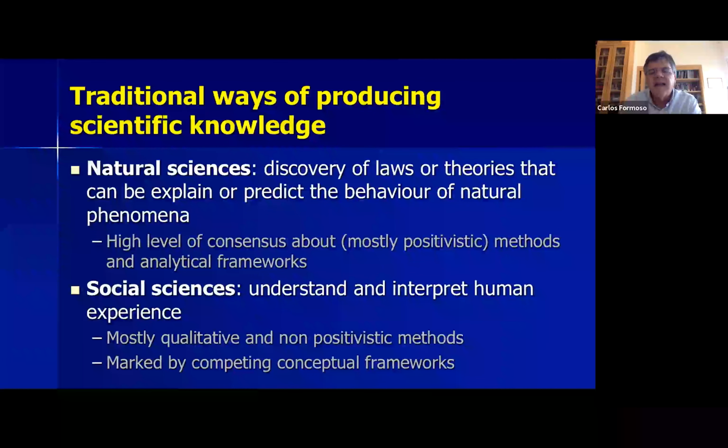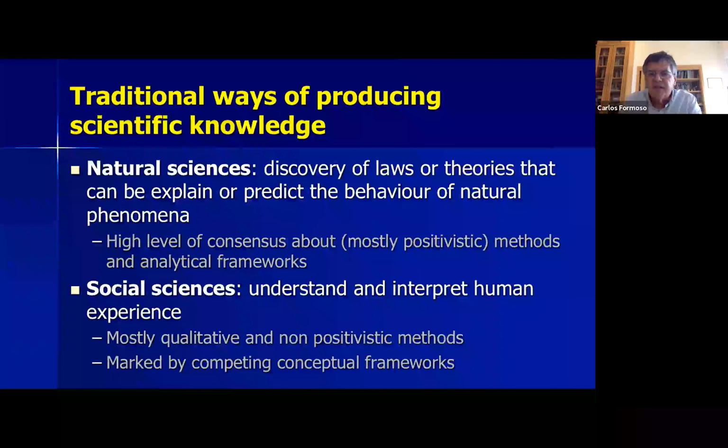And there is a high level of consensus about research methods. This consensus is so great that usually researchers in natural sciences don't discuss research methods a lot. You don't find many books on research methods in natural sciences.